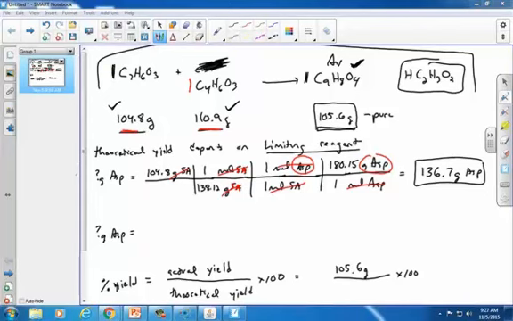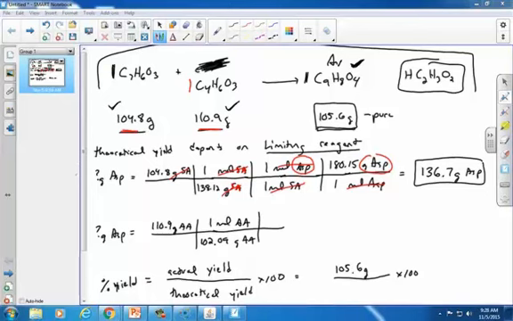How many grams of aspirin if all of the acetic anhydride were to react? I do the same type of calculation, just starting with a different substance. This time I have acetic anhydride, and its molar mass is 4 carbons plus 6 hydrogens plus 3 oxygens, which is 102.09 grams of acetic anhydride per mole.